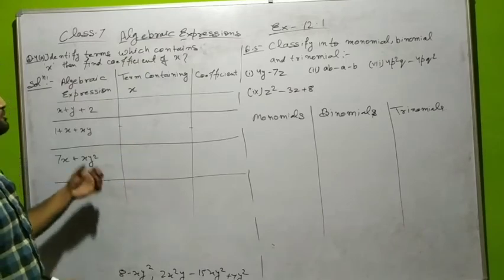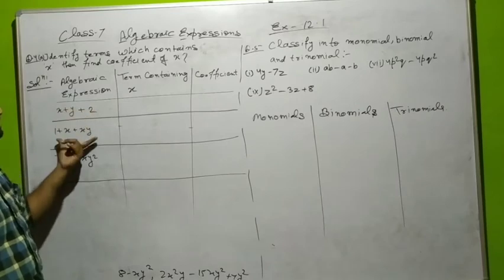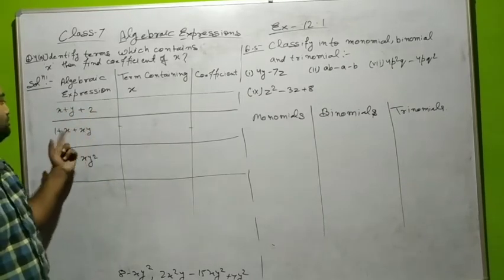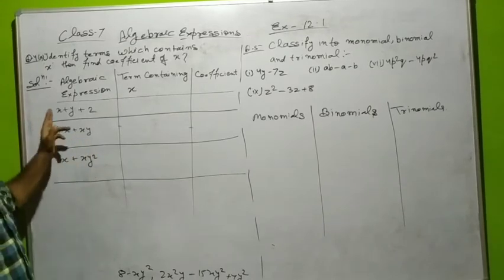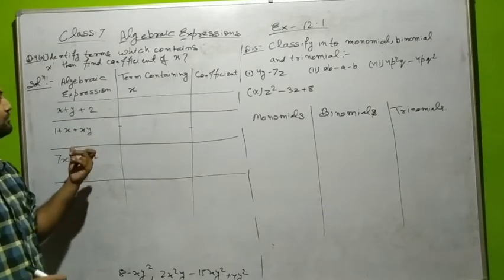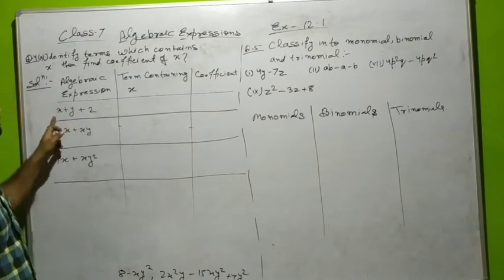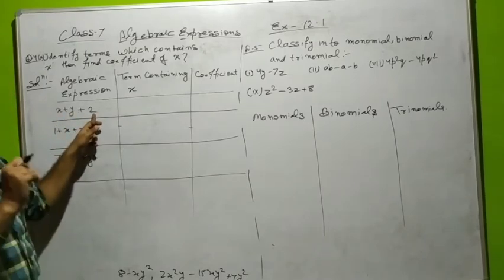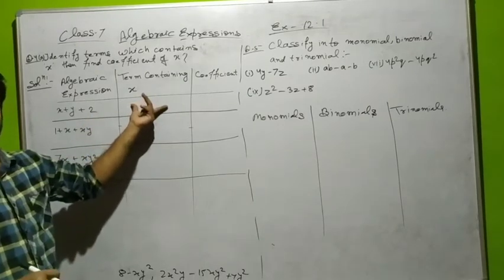Okay, so as you can see, I have made a table. The first, second and third expressions I have taken are x plus y plus 2, 1 plus x plus xy, and the third is here. So first is x plus y plus 2. This is an algebraic expression. Now, the term containing x: it has three terms, first, second and third. The term in which x is there, we will mention in this column.